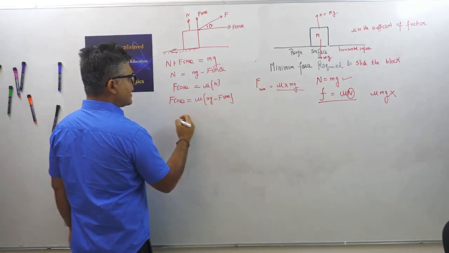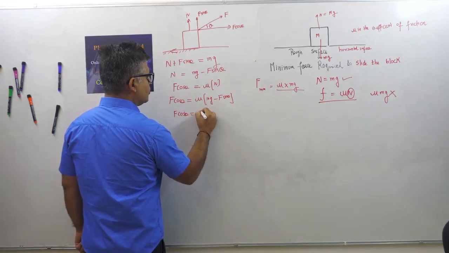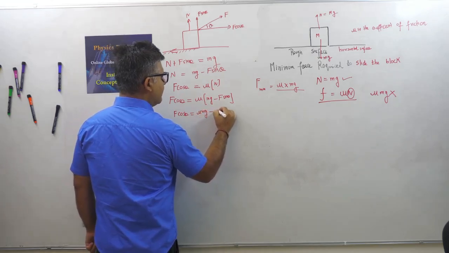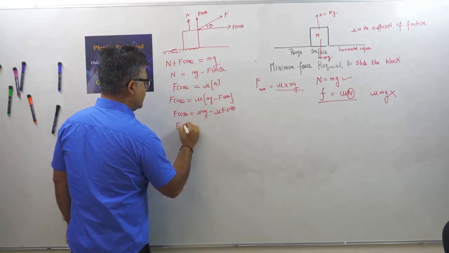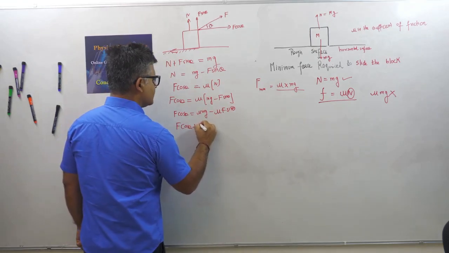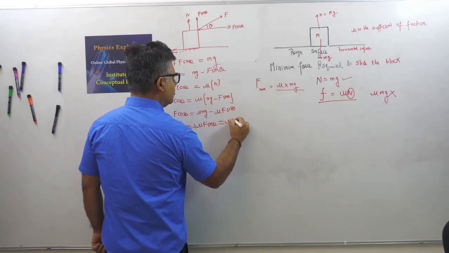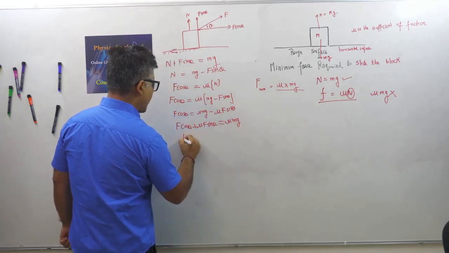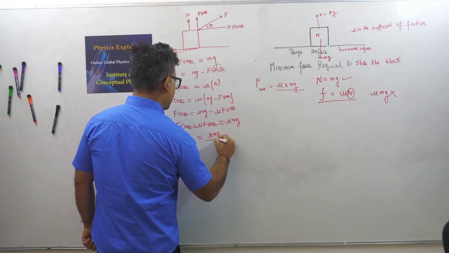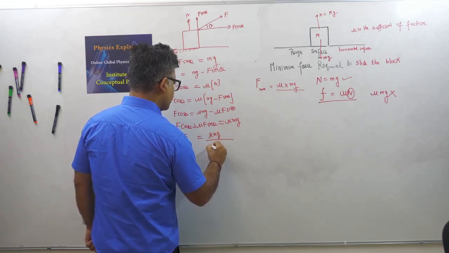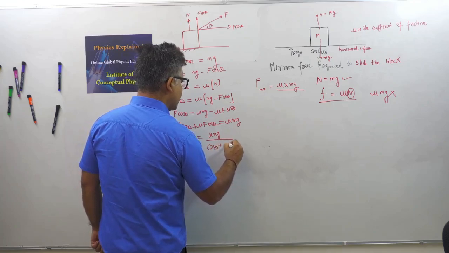If I open this bracket, I will get F cos theta is equal to mu mg minus mu F sin theta. So F cos theta plus mu F sin theta is equal to mu mg. And therefore, F is equal to mu mg upon (cos theta plus mu sin theta), right?